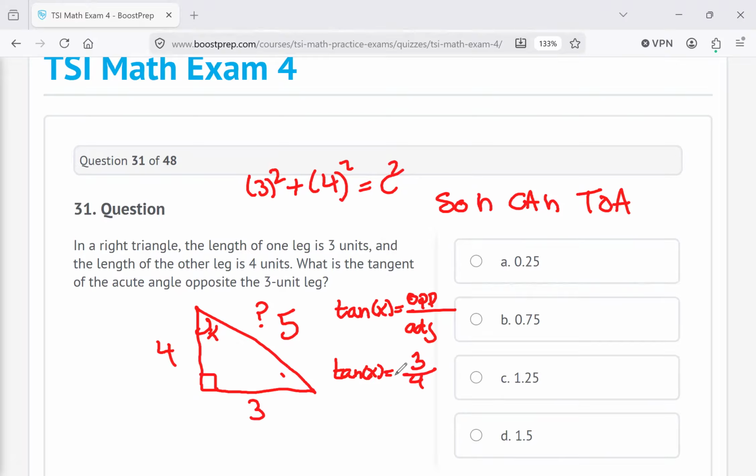They want the angle, so I'd have to multiply both sides by tan inverse. So you get x equals tan inverse of 3/4. If you put that in the calculator, that's about 0.75.